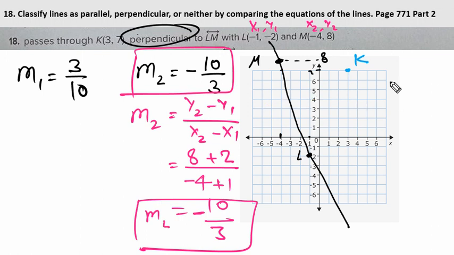Let me just check it again. 3 steps this way, and from 3 to negative 7, yes, that will be your point. Let's say this point is P. Now just connect these 2 points and that will be your perpendicular line. I hope you understood this. Watch the video again and you will definitely understand. So this is how you draw parallel and perpendicular lines.